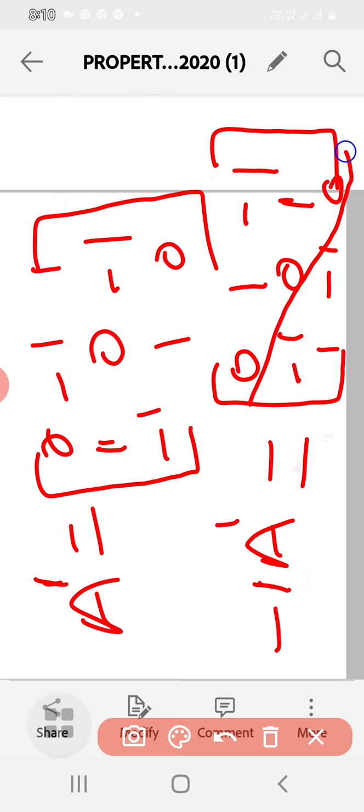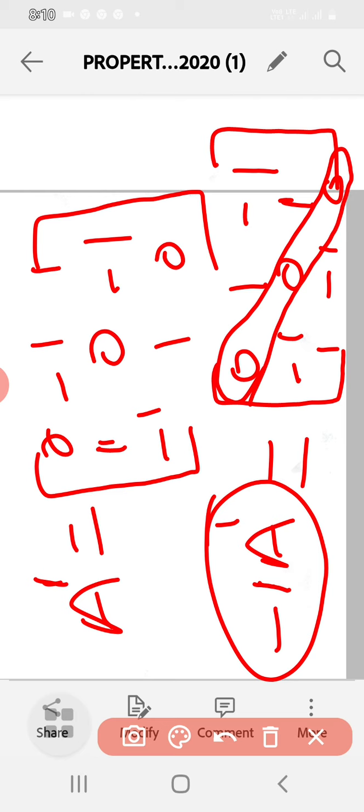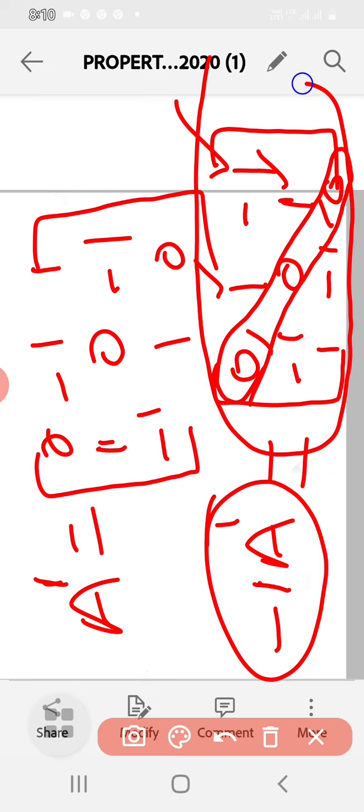Now the diagonal elements are 0, and this is minus A dash. I got minus A dash on the right hand side. Observe the upper half and lower half elements: minus 1 and plus 1, plus 1 and minus 1. Clearly this is a skew symmetric matrix.